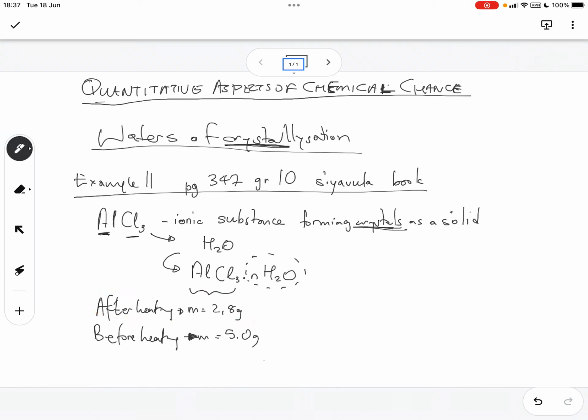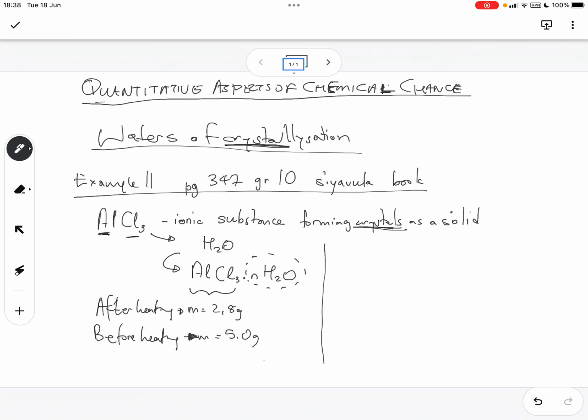So after heating, the mass of the substance was smaller. Now we must find the number of moles of water molecules in the aluminium trichloride before heating.